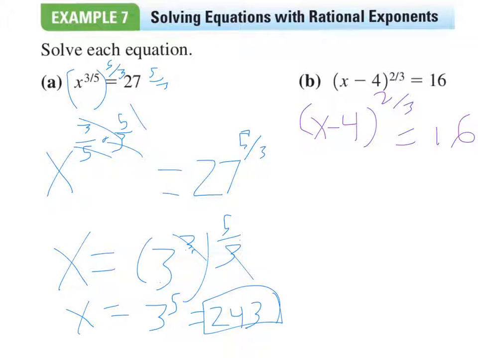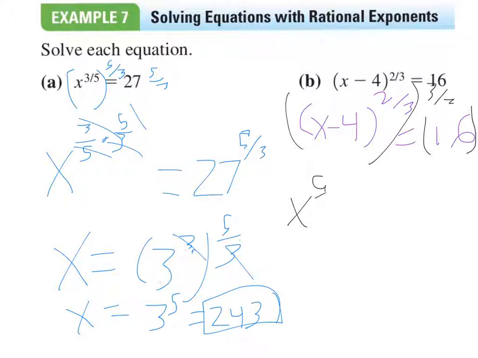Alright, since we're raising x minus 4 to the 2/3, we can start off by raising it to the 3/2. But since we're raising it to the 3/2, the denominator is an even number, 2. Before we move on, I want to remind you of a rule about exponents in case you've forgotten.